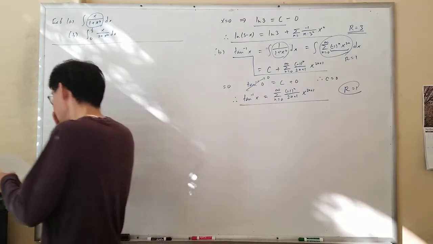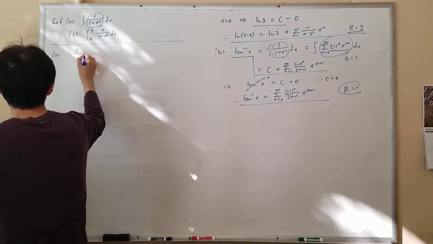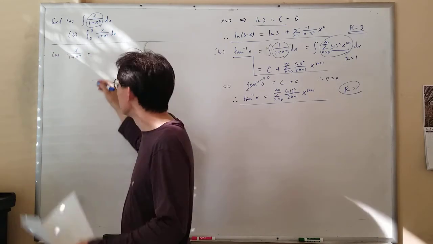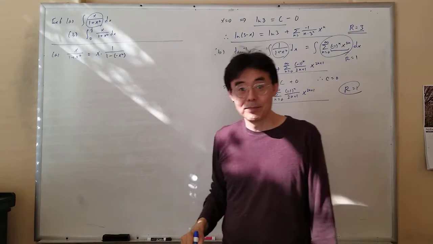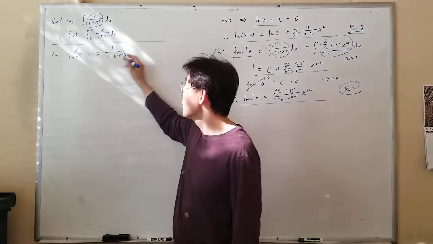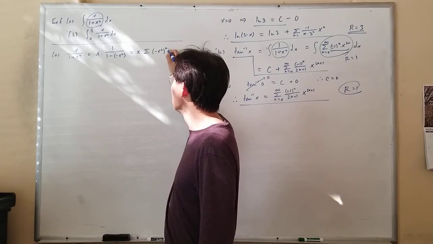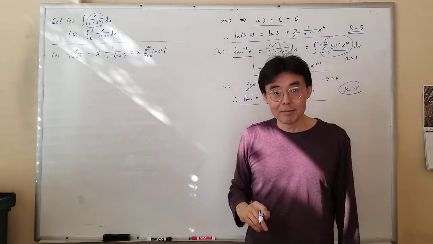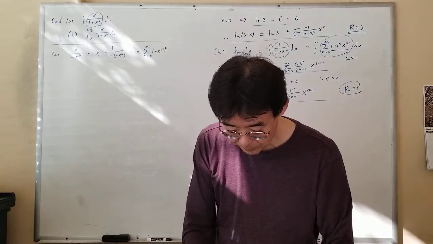First of all, x over 1 plus x to the 4th, just like before, we're going to use this one: x times 1 over 1 minus negative x to the 4th. So 1 over 1 minus something is that something to the nth power, summed.